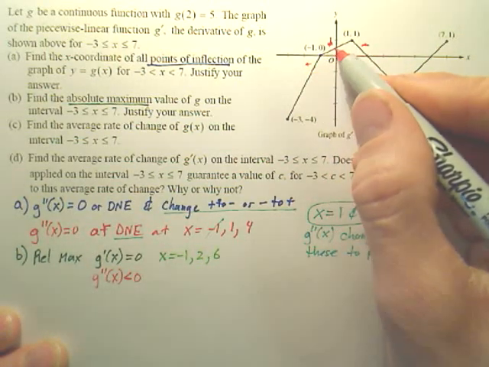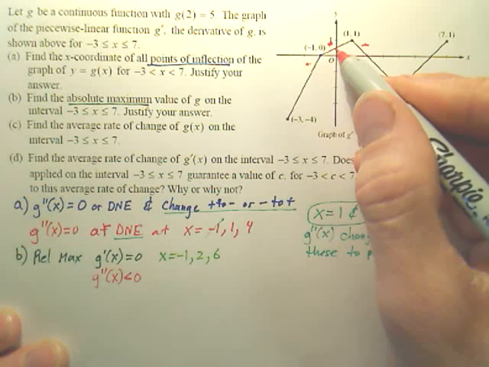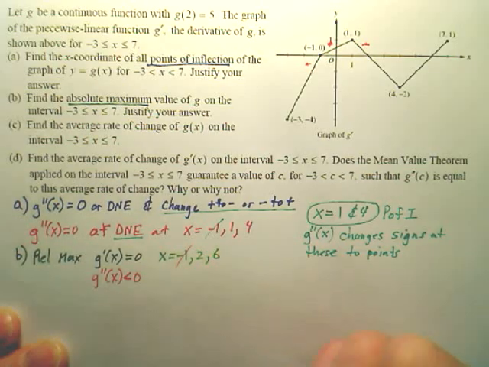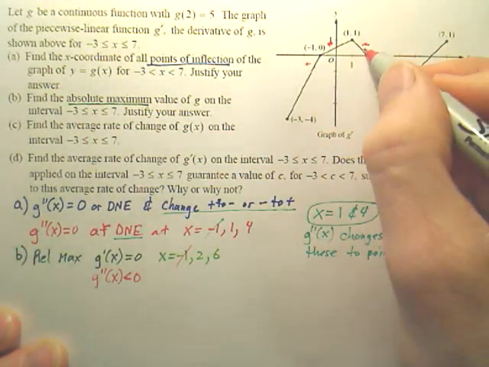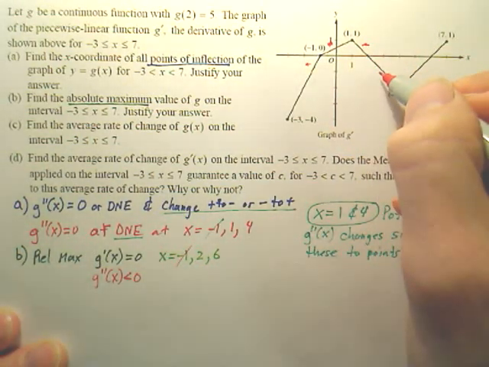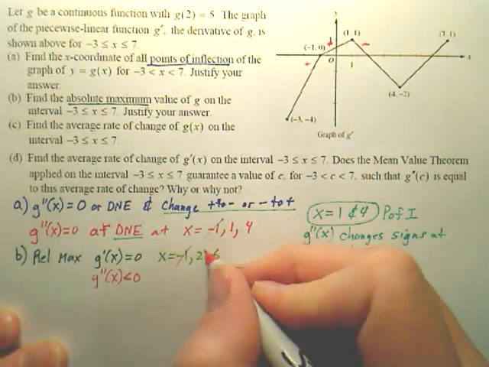Does this one change for a maximum? It went from negative to positive. Is that a max? Negative to positive, that's a min. So can I cross this one out? This one went from positive to negative, so this one is a possibility.